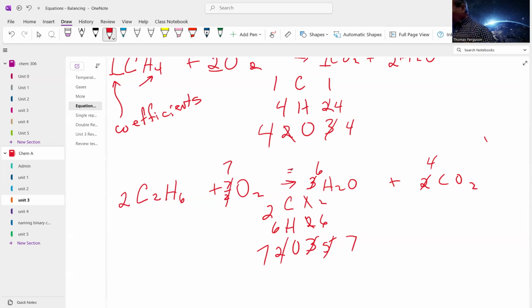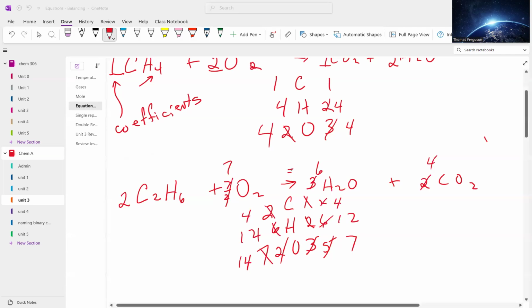Now, if we take inventory, it's going to be 4, 14, 12. And over here, we've got 12 H's, 4 carbons, and 6 and 8 is, this is not 12, it's 14.